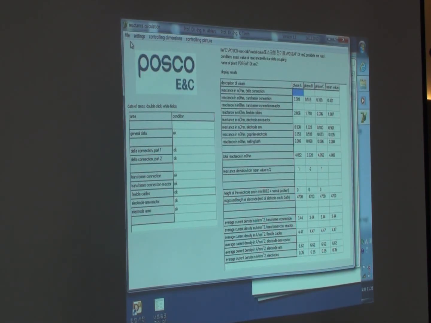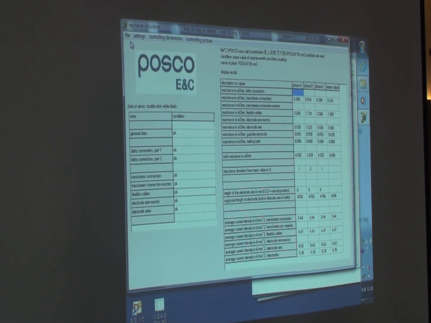Here you can see a calculation of what happens in the triangle system with the currents if you have an unsymmetric reactance solution, and this is the same if you have a totally symmetric solution, also in the triangle system.